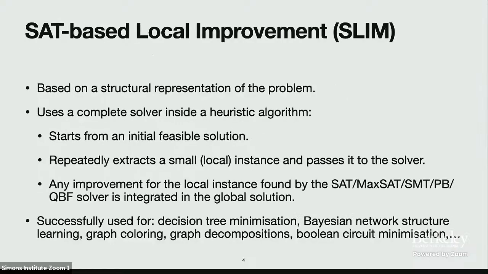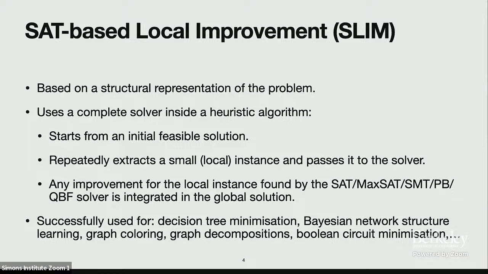And we want to do this with a method we call SAT-based local improvement, which we use quite often. So we define a structure for the problem that we can use for our solution. Our basic idea is we want to use some complete solver inside our heuristic algorithm, or in this case, our anytime algorithm. And this usually requires a specific structure that can be used for the solver.